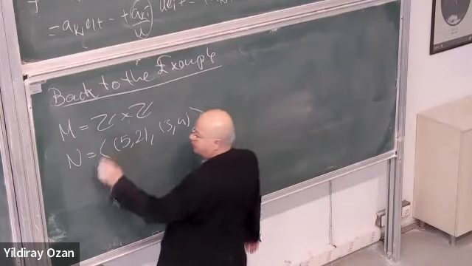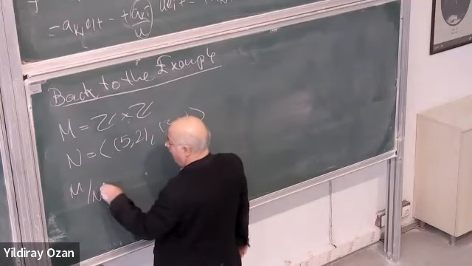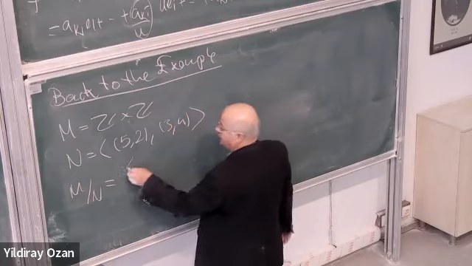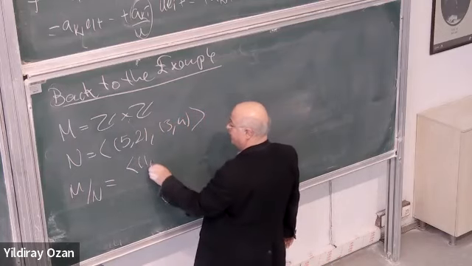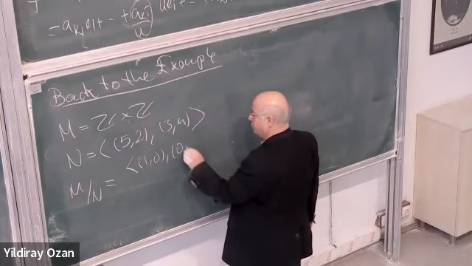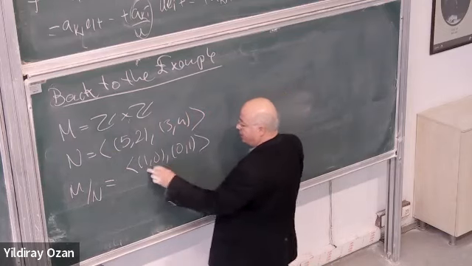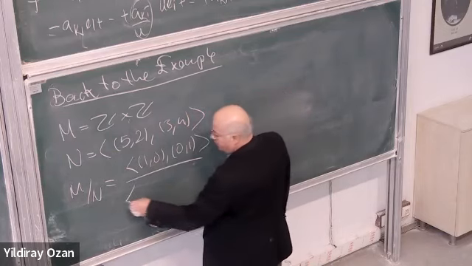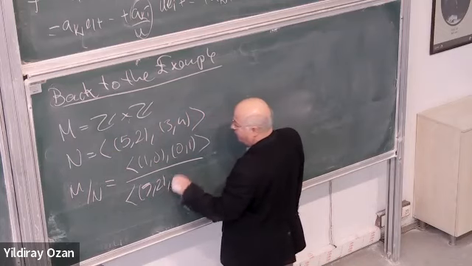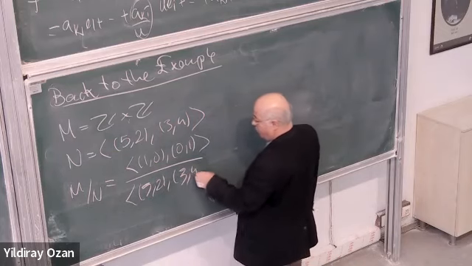And I would like to understand M divided by N. So here, for this one, I can take these cases: (1,0), (0,1), my E1 and E2, and this is F1, F2: (5,2), (3,4).